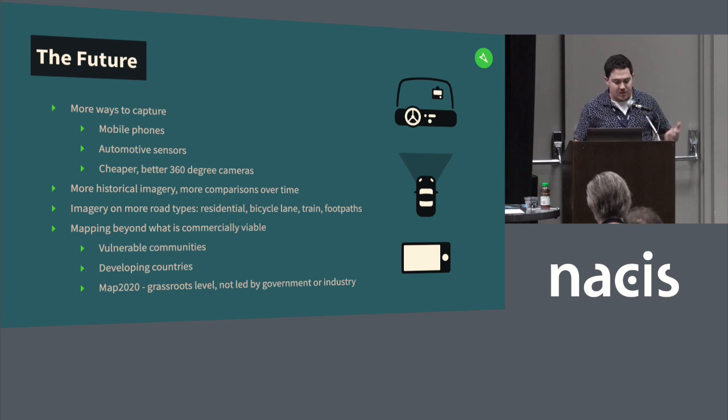And one of the cool things about Mapillary is it's not just focused on one particular end. There are vulnerable places around the world where it's really expensive to get in there and start capturing data. But when all you need is a smartphone and the ability to later upload images over a faster connection, you can start to access and serve places that have been impacted by natural hazards and disasters, areas that may be impacted in times of conflict.